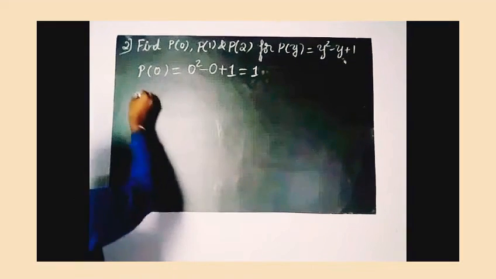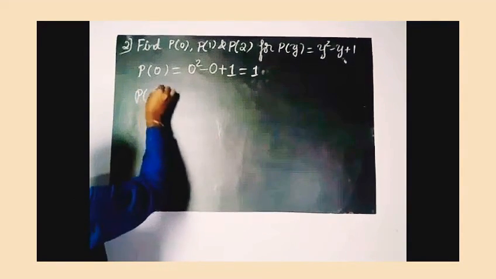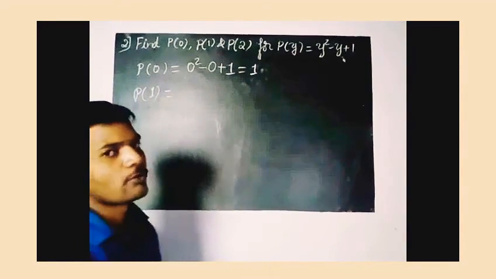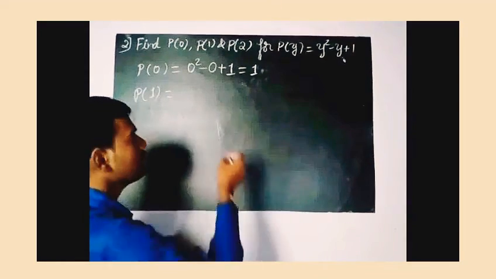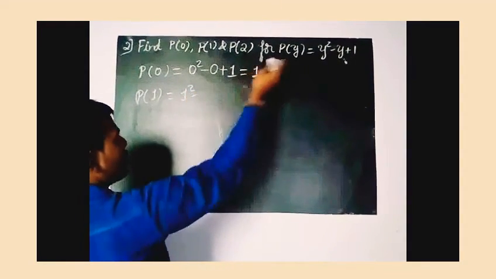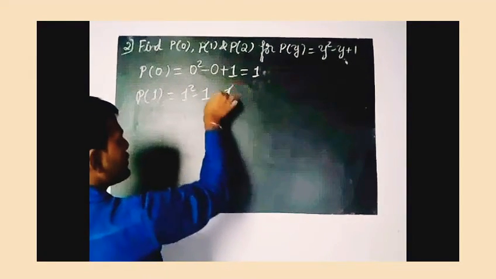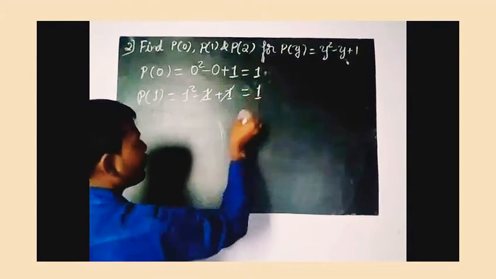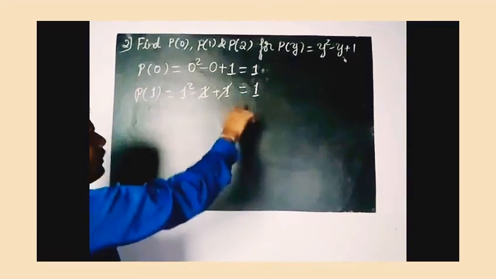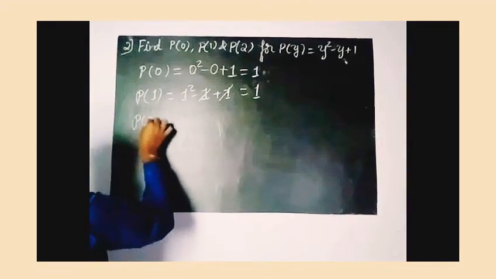Okay, and p of 1, in the place of y you have to put 1. 1 square minus 1 plus 1. Here -1 plus 1 cancel, then you are getting 1 only, because 1 square is 1. And next, p of 2.